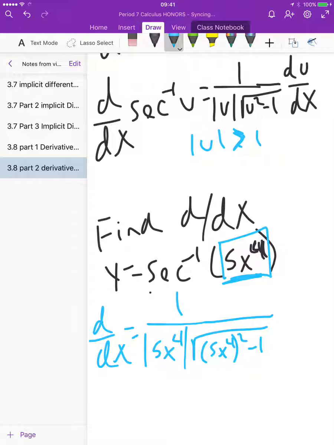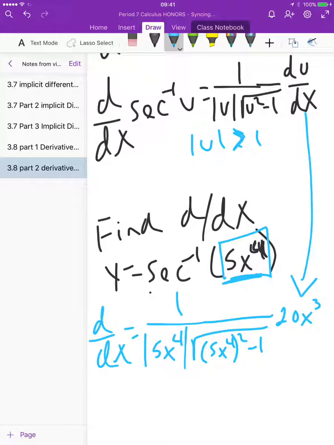All being multiplied by the derivative of u. That's where our du/dx comes into play. So the derivative of the inside function is 4 times 5, which is 20, and 20x to the third with our power rule being used right there.